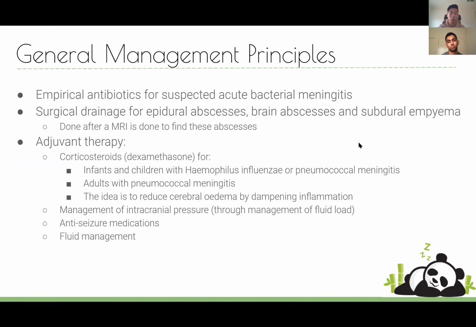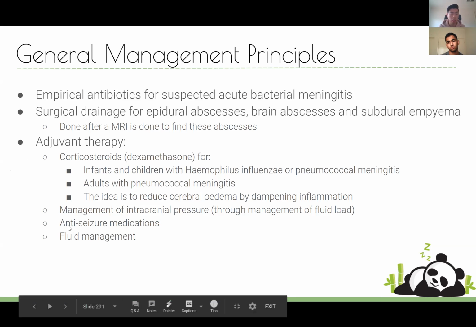Surgical drainage can be used for abscesses because antibiotics don't really go into abscesses very well. Adjuvant therapy, so additional therapy, includes corticosteroids, including dexamethasone, to reduce the inflammation. You might also need to manage intracranial pressure, give anaesthesia medications, and manage fluids depending on what's going on.